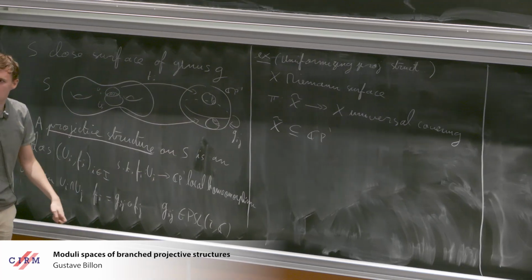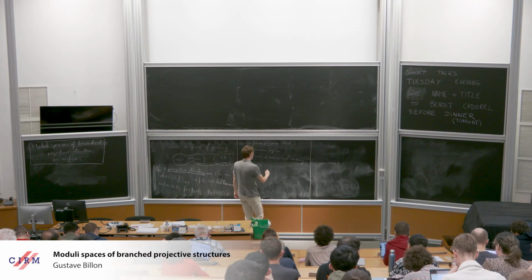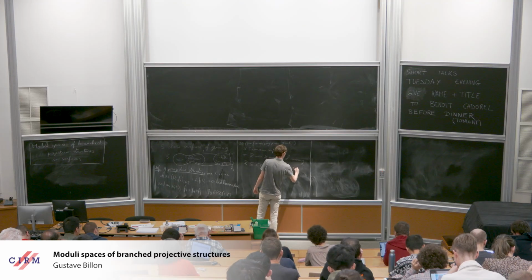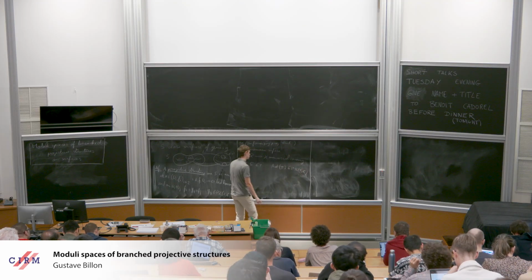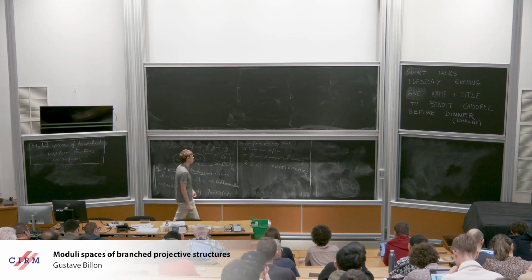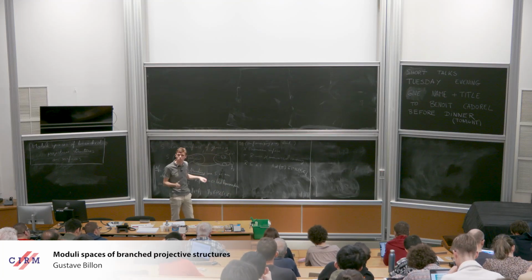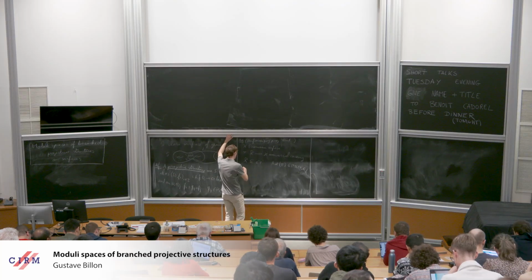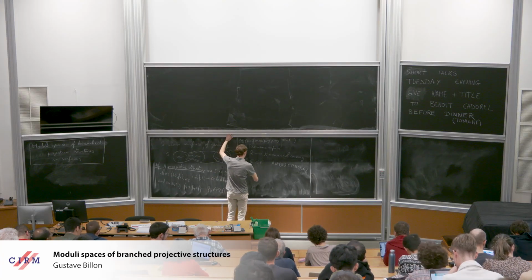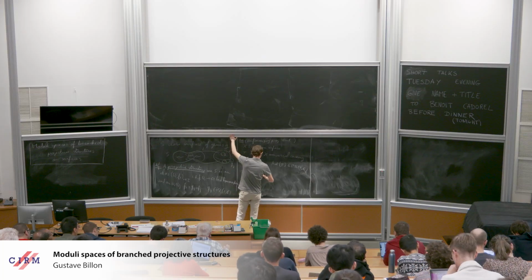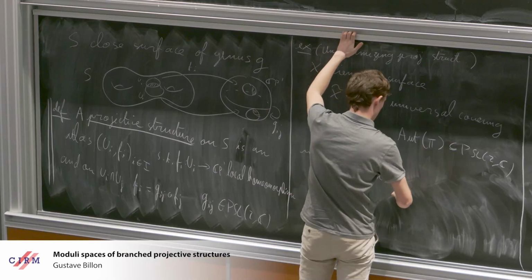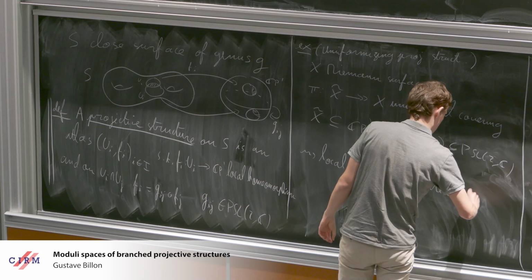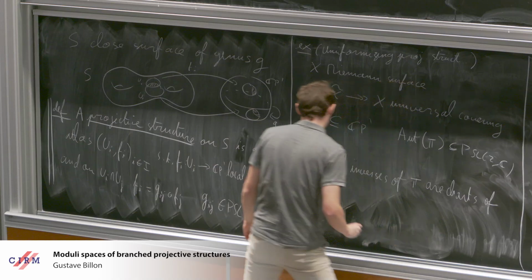And the automorphisms of the universal covering are projective transformations. And as a consequence, you get a projective structure by taking local inverses of pi, the universal covering, as charts of a projective structure.